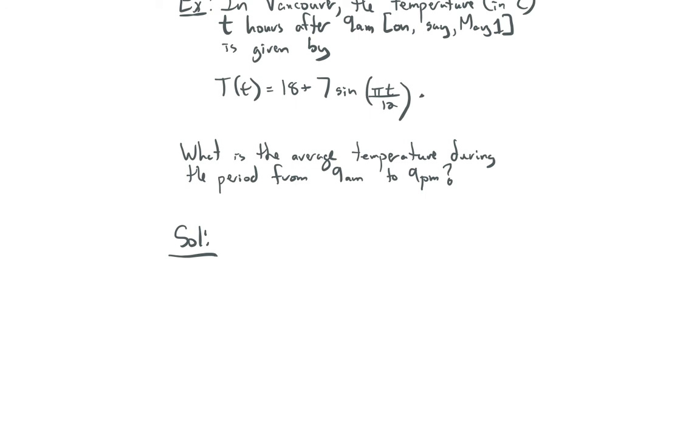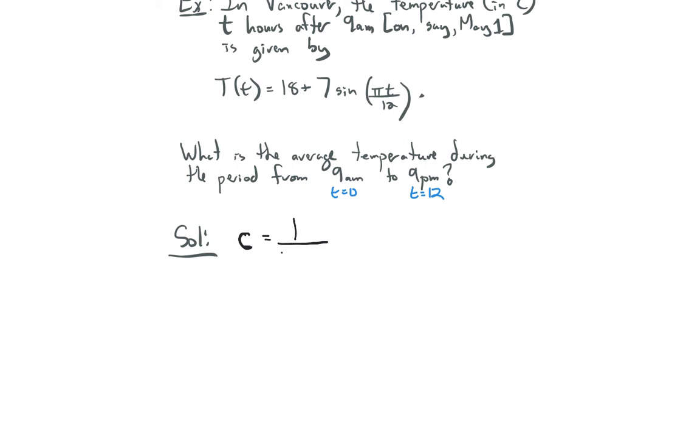Okay, now that we're back, we want this average value c. It's going to be 1 over the length of our interval. From 9 a.m., that's when t equals 0. 9 p.m. is 12 hours later, so that's when t equals 12.